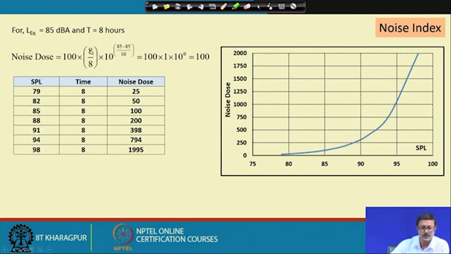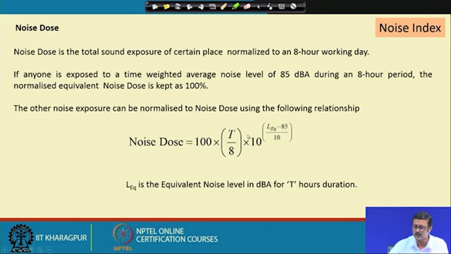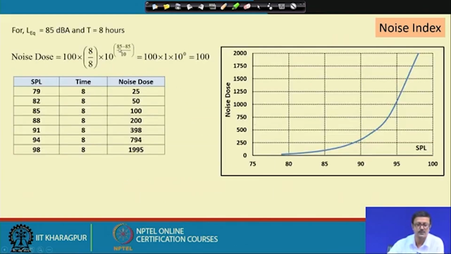So, I put capital T as 8, and this T and this L equivalent have to be changed. Here 85 minus 85 divided by 10 is 0, so 10 to the power 0 is 1, and 8 by 8 is also 1. So, it is 100. So 85 dB for a time of 8 hours is equivalent to 100% of the dosing.